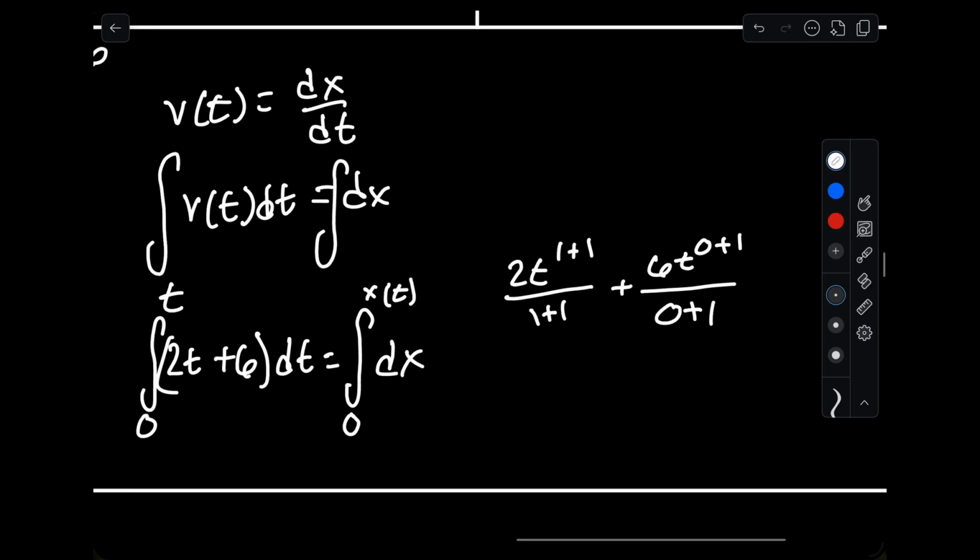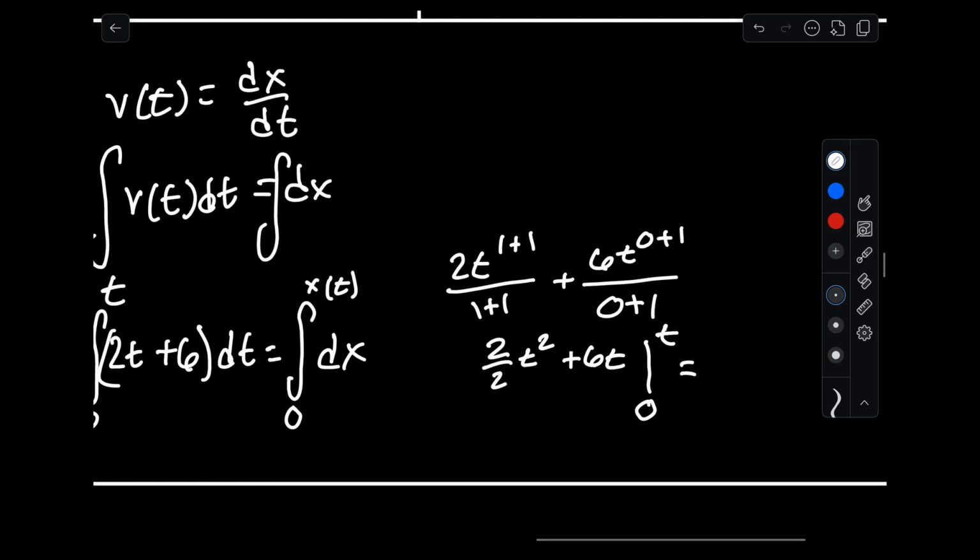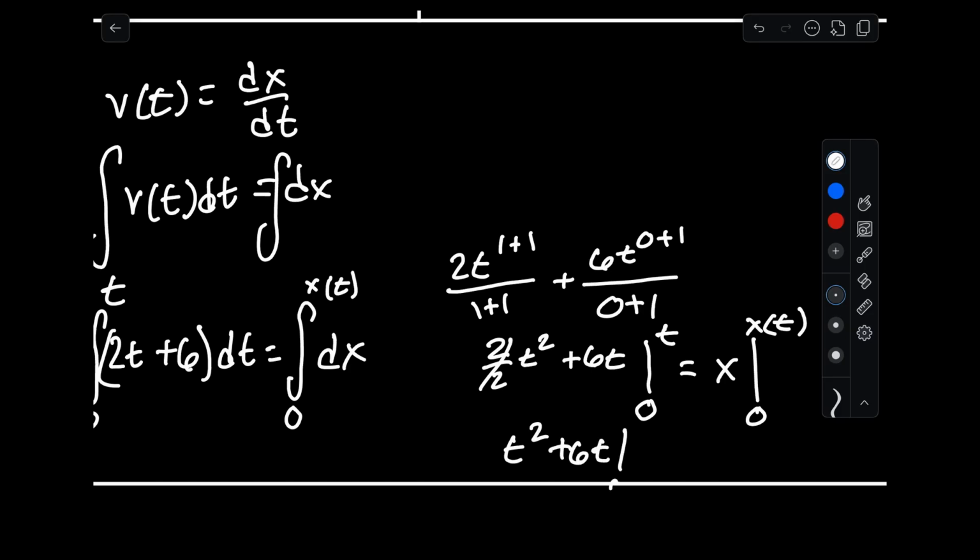So then we're going to get 2 over 2 t squared plus 6t, evaluated from 0 to t. And then we have x on the other side, evaluated from 0 to x of t. And in this case, we have 2 over 2, this just goes to 1. So we're going to get t squared plus 6t from 0 to t.